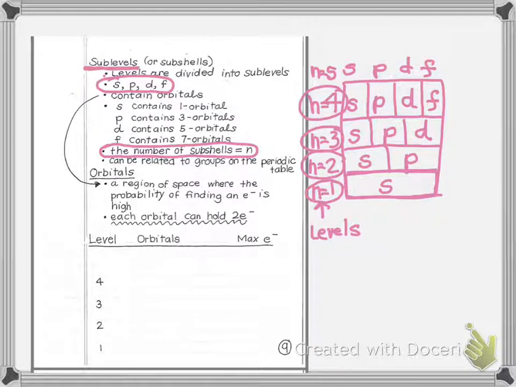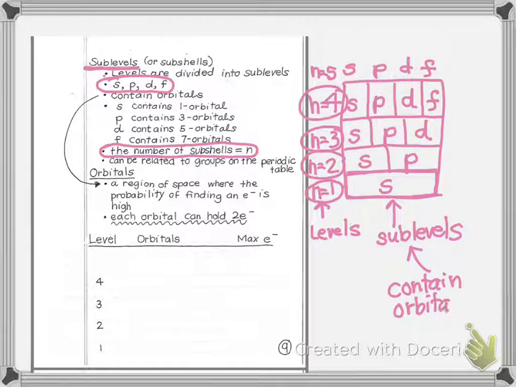Okay. Now, inside these sublevels, so these are the levels, these are the sublevels, these contain what we call orbitals. Now, the orbitals have the same letters.